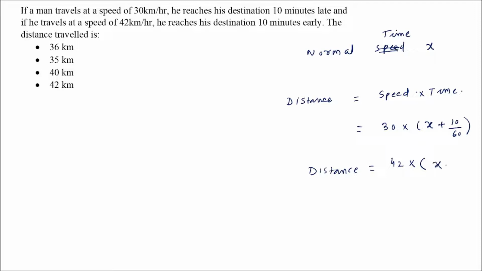That means x minus 10/60. Here students, this distance is the same. That means we can take these two right hand sides as the same.